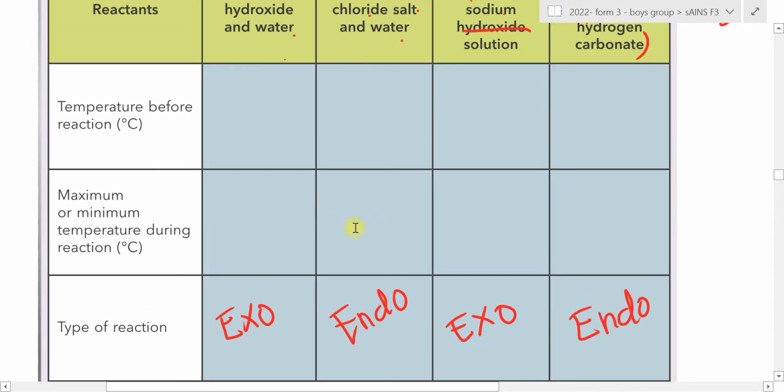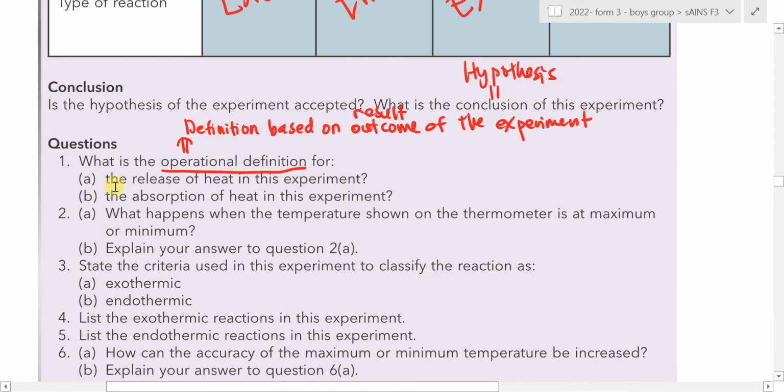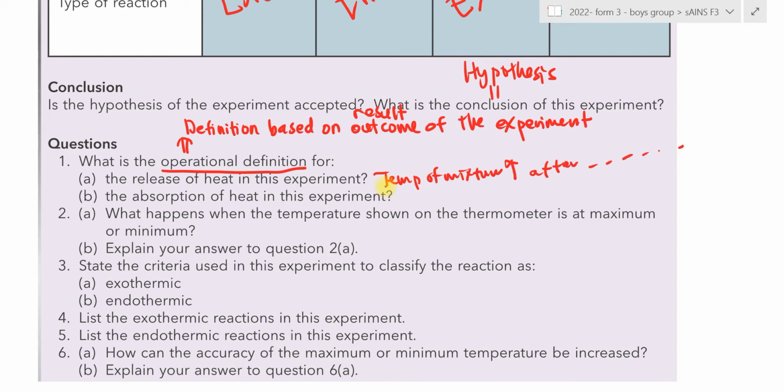Heat release means what? According to this result, heat release means the temperature of the mixture increases after a chemical reaction takes place.